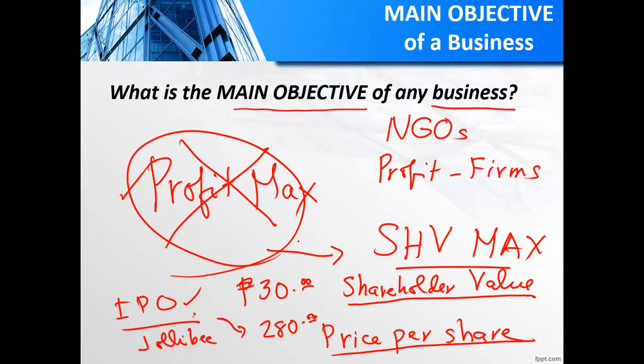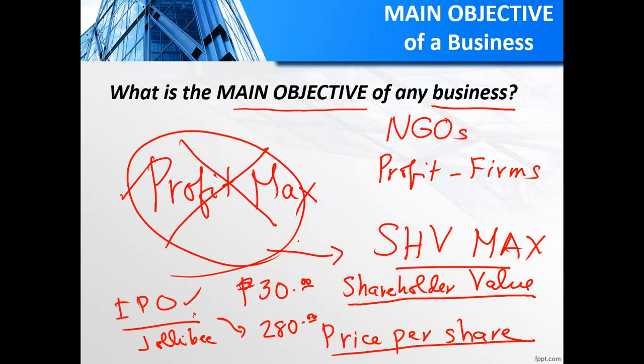Okay, so there are intrinsic reasons why the main objective of a firm, the main focus of finance in a business, is not to maximize profit, but rather to maximize shareholder value. Of course, guys, may debate yan. No? There's a debate about that.